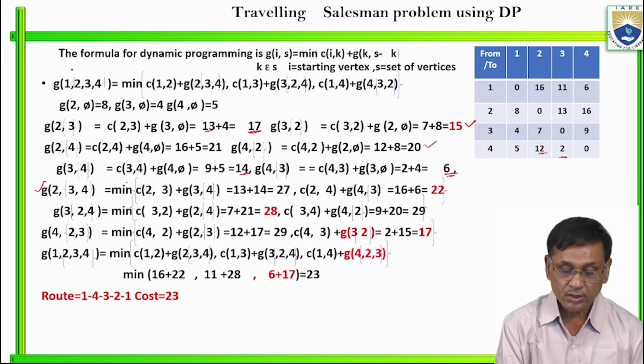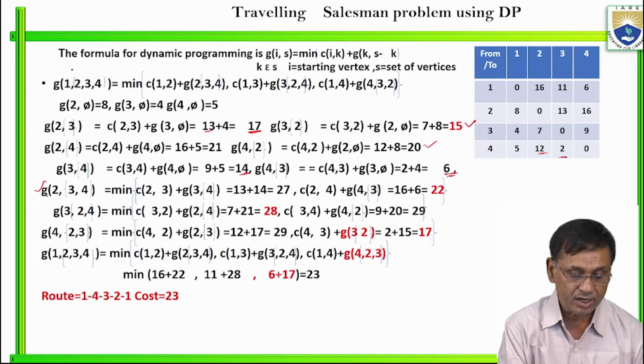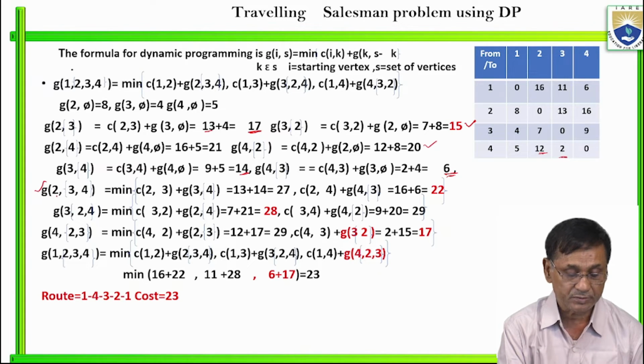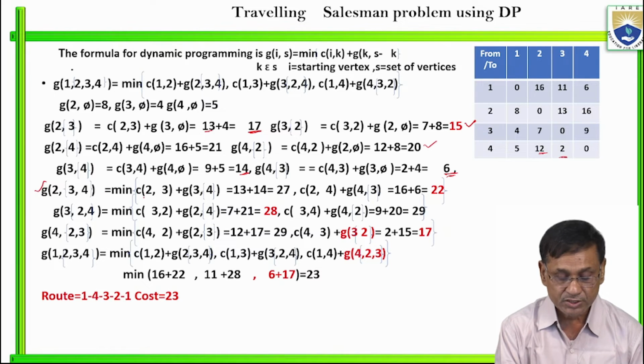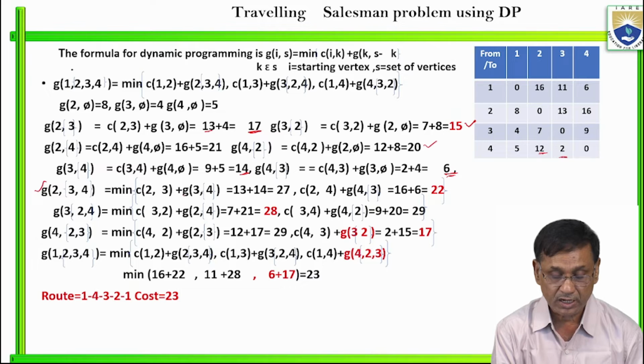Now, after calculating these values, we have to calculate the cost of going from the starting vertex 2 to the remaining set of vertices, that is remaining cities {3, 4}, which is equal to the minimum of cost of going from 2 to 3, that is C of 2 to 3, plus cost of going from city 3 to the remaining set of vertices, that is {4}.